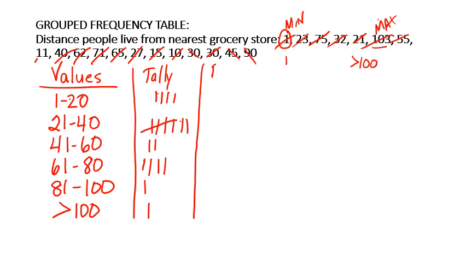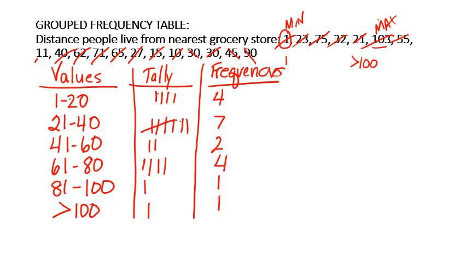And so if we count these up for our frequencies, we have 4, 7, 2, 4, 1, and 1. We can calculate our percents after we get the total. And the total is 7 and 4 is 11, 13, 17, 18, 19. How I got these awkward numbers, I'm not sure.